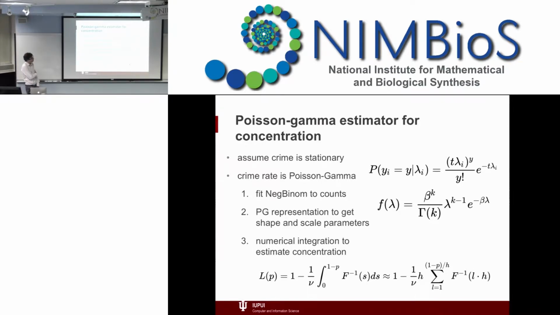Then you can use the fact that the negative binomial is really a mixture of a Poisson process and a gamma distribution. So the rate in each neighborhood that's fixed, we're assuming that distribution is a gamma across different neighborhoods. Once you estimate that, you don't have this issue of a bunch of cells having 0 counts, and we can use numerical integration to estimate the law of crime concentration.